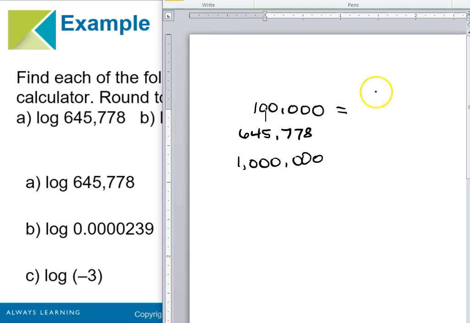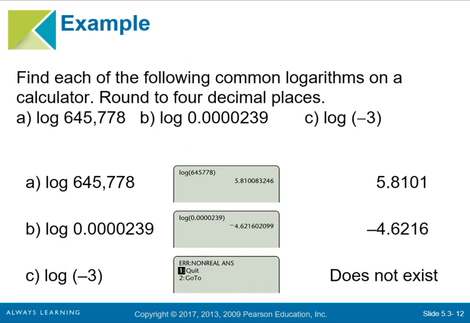So our exponent is 10 to the 5th here, and on this one it's going to be 10 to the 6th. So we know that our answer for the log on this particular problem has to be larger than 5 but less than 6. This is a little bit past halfway, so we're expecting our number to be closer to the 6 than the 5. And as you can see, it is in fact going to be 5.8, which is between 5 and 6.